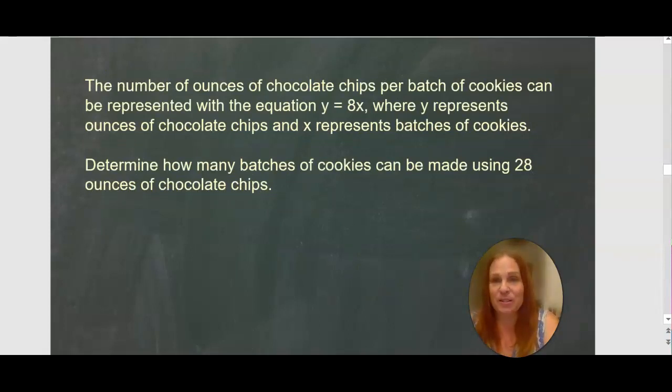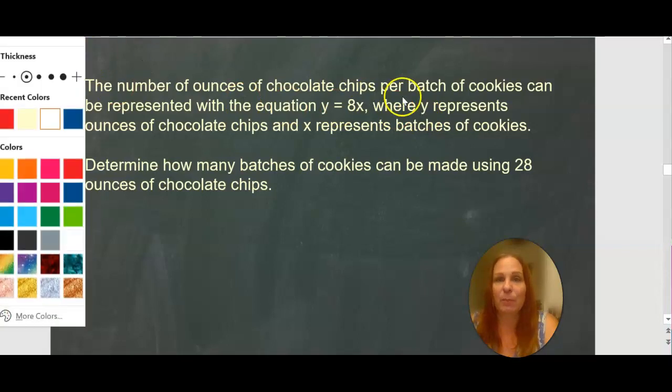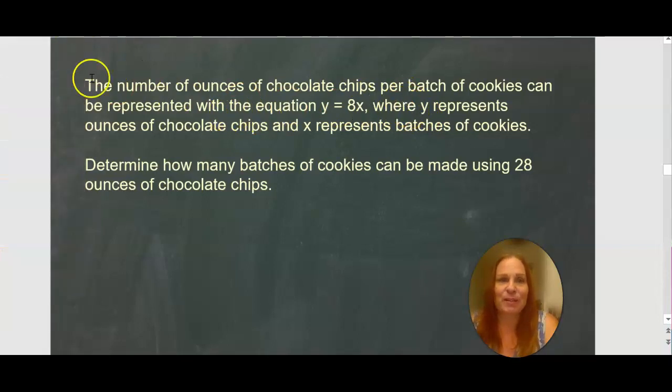The number of ounces of chocolate chips per batch of cookies can be represented with this equation, where y represents the ounces of chocolate chips and x represents batches of cookies. Determine how many batches of cookies can be made using 28 ounces of chocolate chips.